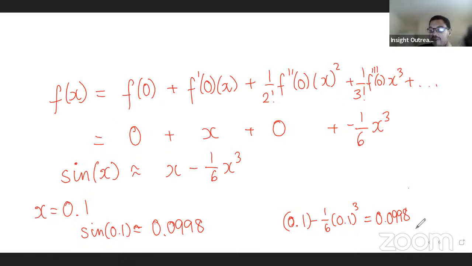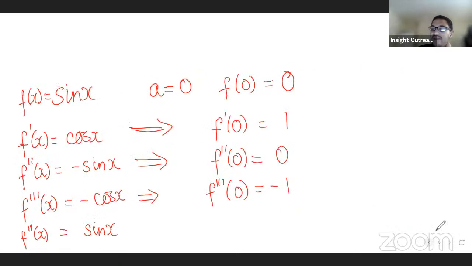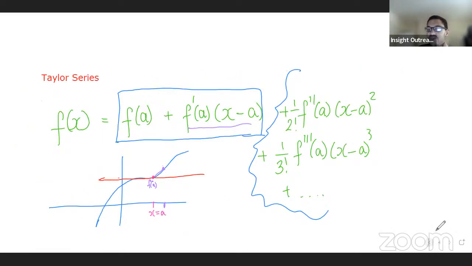How this was gotten: a person called Brook Taylor back in the day approximated these. There are two ways to think about it, just to make sure I'm not lying to you or pulling stuff out of thin air. One way is if you wanted to write a function as a polynomial, then when I put in x equals a here, everything else goes away and you just get f of a.